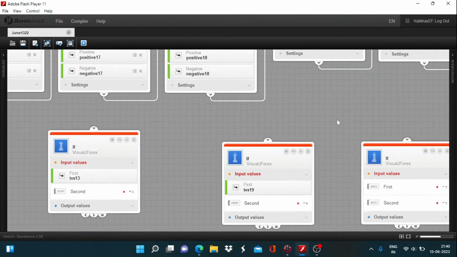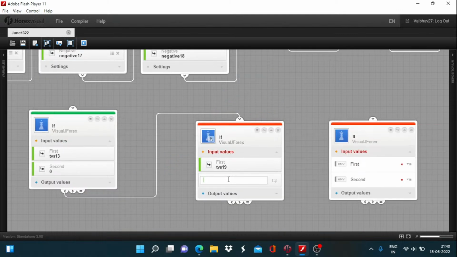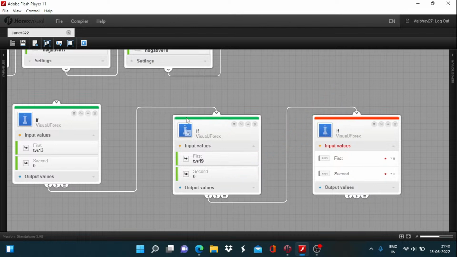First input TVS 13 needs to be less than second input, first input less than second input, and same case will have to be repeated here. Again TVS 19 less than 0, again first input less than second input.